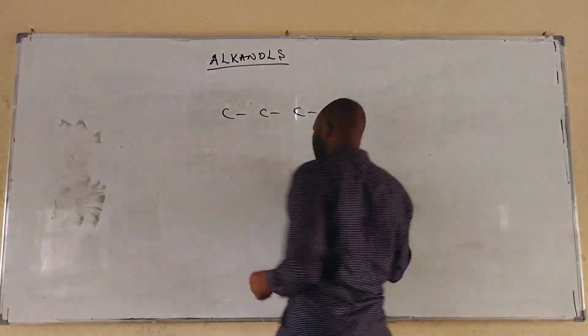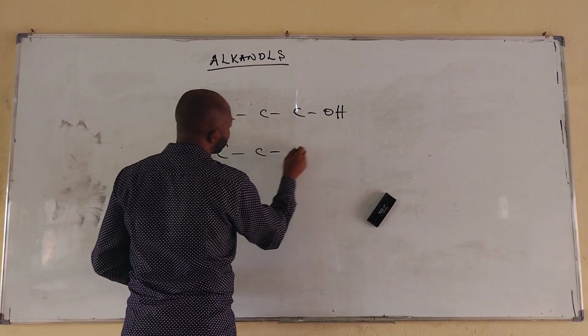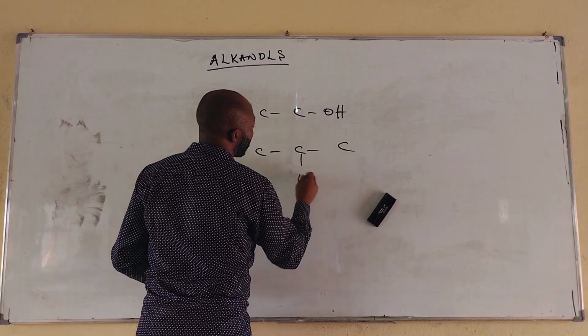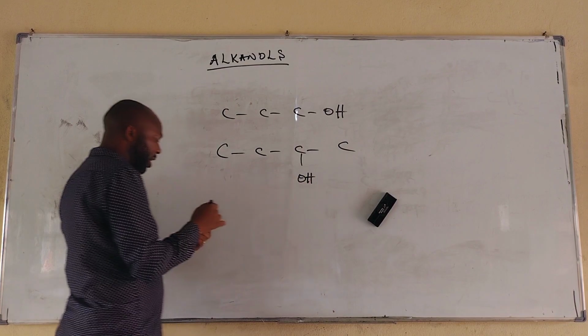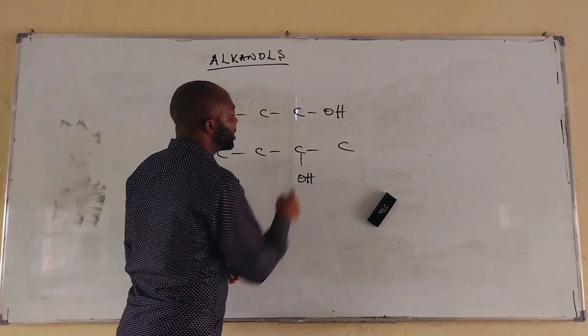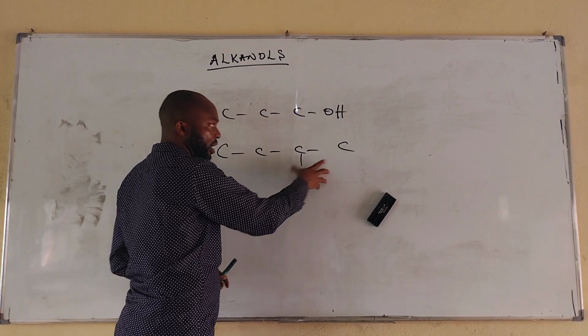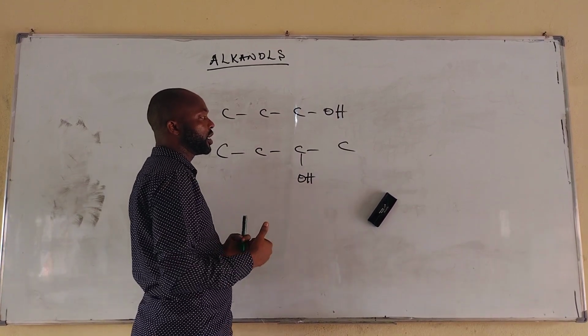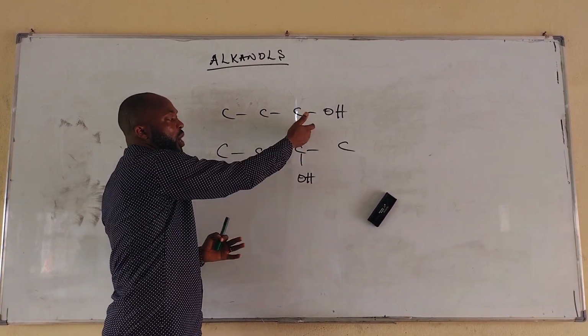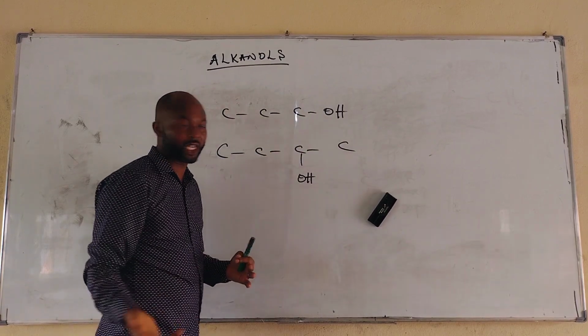It can be this. 1, 2, 3, 4, and your OH is here. Remember, carbon is tetravalent, which means there are hydrogen bond positions here, even when I don't put them. If you have been following our videos by now, you should be used to the fact that even when there are no hydrogens drawn, you know what we're dealing with.